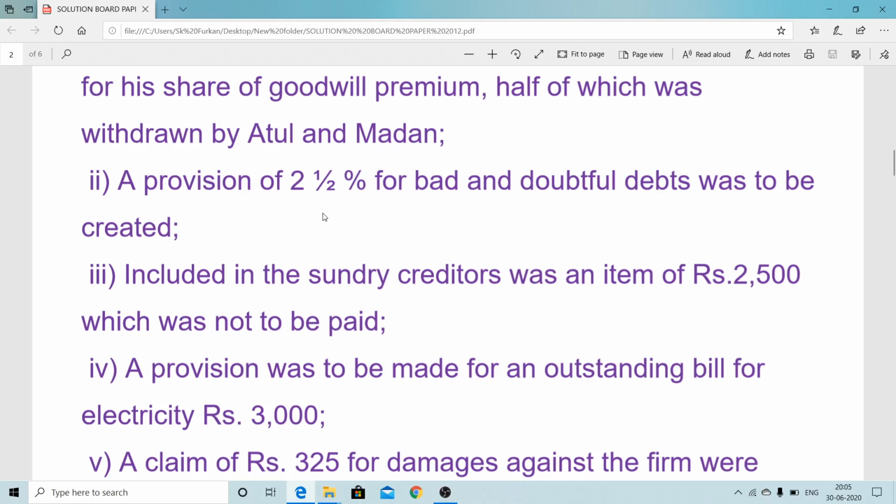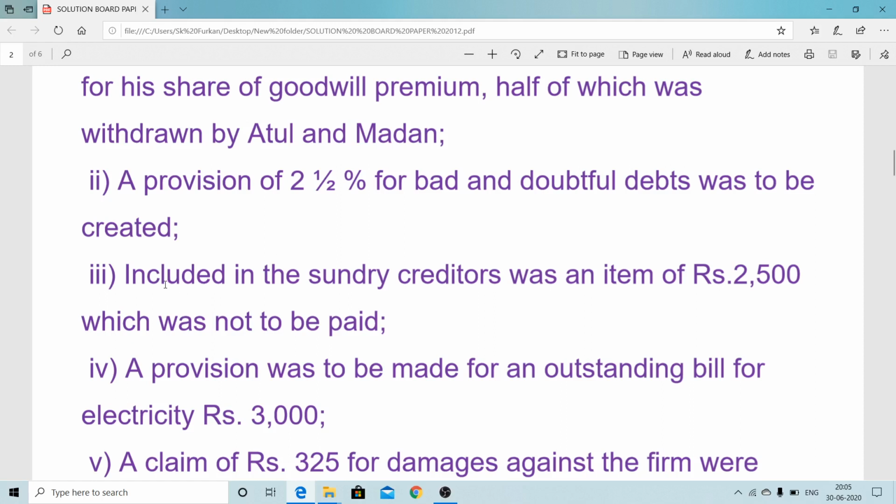Or another way we can pass the entry, we can compare old and new. If old is greater, then the difference we can take on the revaluation side by provision for doubtful debt. So there are two alternative ways: new directly on the debit side of the revaluation account, and for cancellation of old directly on the credit side of the revaluation account. Any method which is easy, we can use that one.